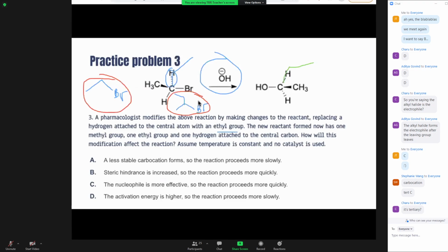This is going to slow down the reaction because now you have more things blocking the way of your nucleophile and making it more difficult to push that leaving group out. So yes, steric hindrance is increased, but the reaction proceeds more slowly.